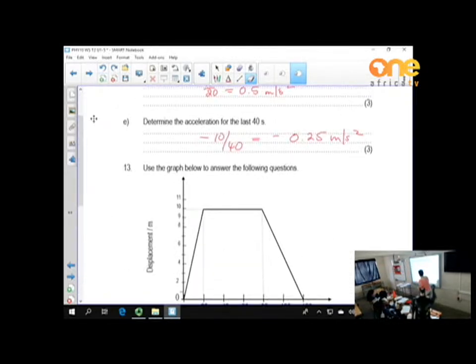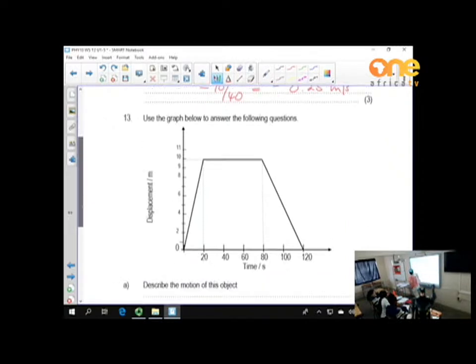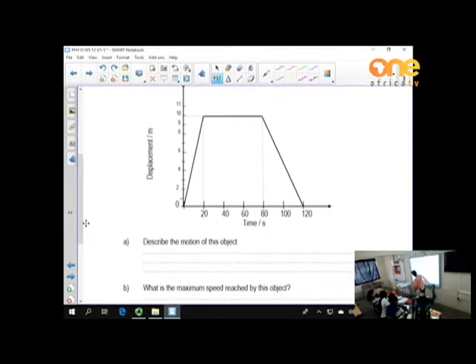All right, now. Number 13, use the graph below to answer the following questions. Now, I don't have a velocity time graph. What do I have? A distance or displacement time graph. Describe the motion. We have a displacement time graph. The gradient now gives me the speed or velocity.